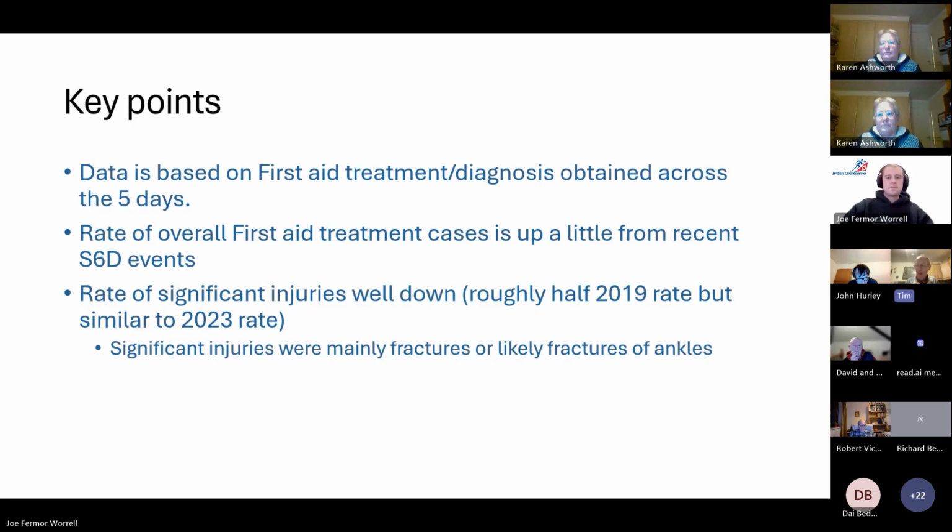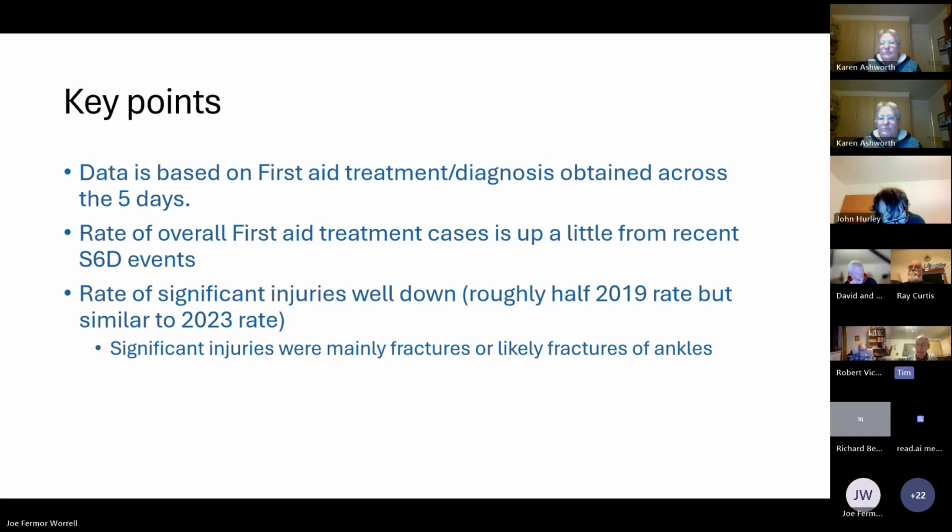If it's very convenient, if somebody's got a bit of a scratch, they might say, well, rather than go back to my car and sort myself out, I'll go to the first aid tent. And that is backed up in 2019 because we had about 30 or 40 first aid cases a day, except on the last day where we had 3. That was more to do with people saying, oh, well, I need to get in the car and go home, so they didn't bother going to the first aid tent.